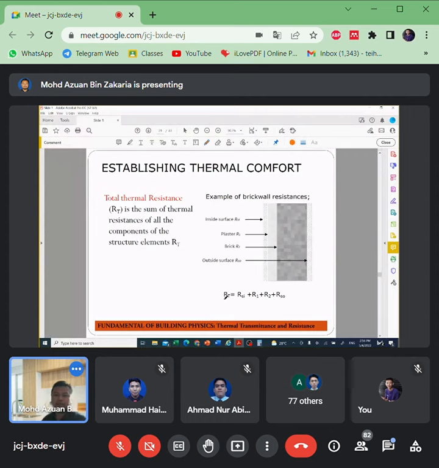For example, in this case we have plaster and brick only, but we also need to consider the inside surface and outside surface temperature.